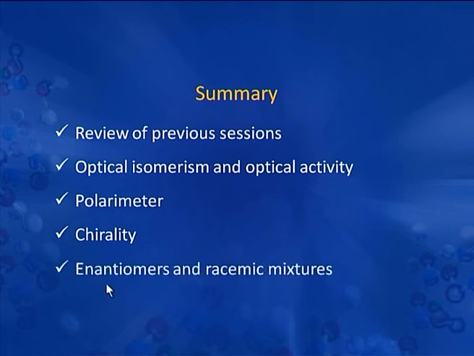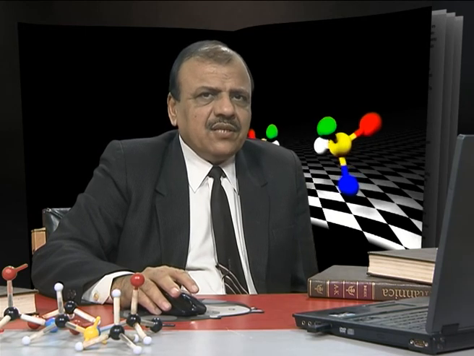Then we talked about enantiomers and racemic mixture. We discussed that compounds which are chiral exist as optical isomers which are called enantiomers. Now, here one more thing I would like to specify: today we had taken the example which had only one asymmetric carbon atom, and there are two isomers possible, one we draw as the initial compound and the second as its mirror image.